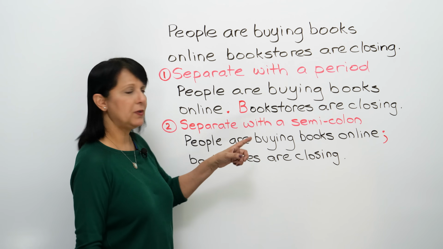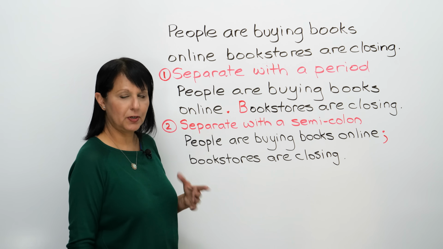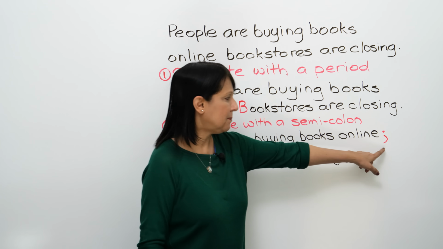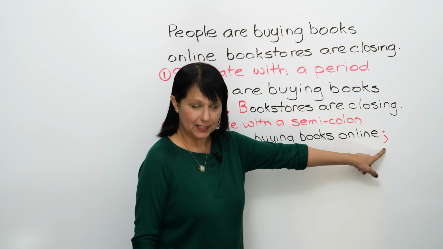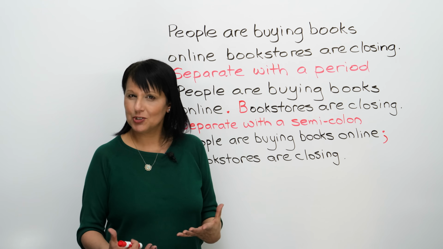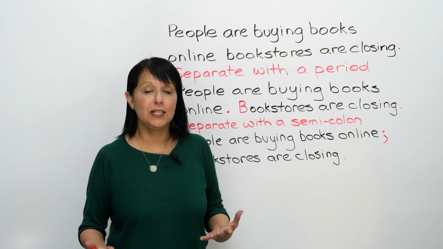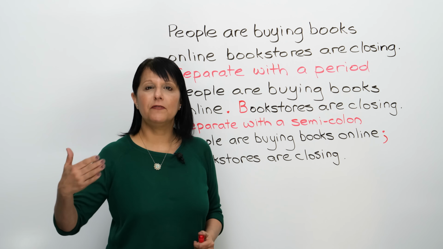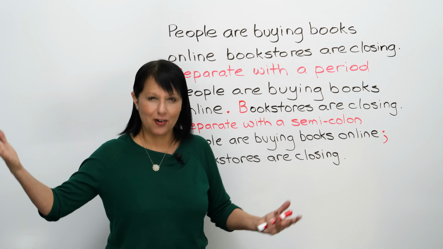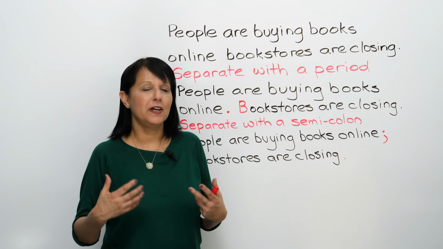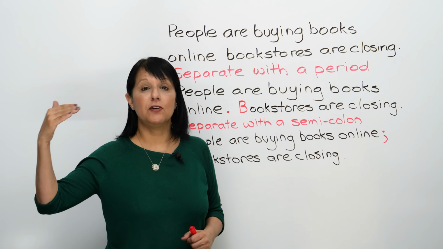separate with a semicolon. Okay, what's a semicolon? It's a punctuation mark that looks like this. It's actually a really good punctuation mark to get to know, because if you use a semicolon in your writing, it's considered a little bit more of an advanced punctuation mark, and it shows that your English is at a little bit of a higher level.